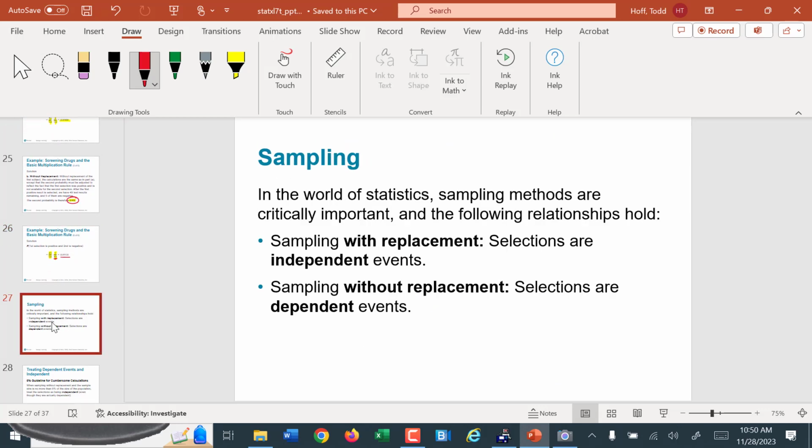So sampling with replacement means the selections end up being independent because the chances are the same from one selection to the next. The population, the whole group we're selecting from, is the same from each selection to the next. If we don't replace them, then they become dependent events, and that's where that conditional probability comes in.